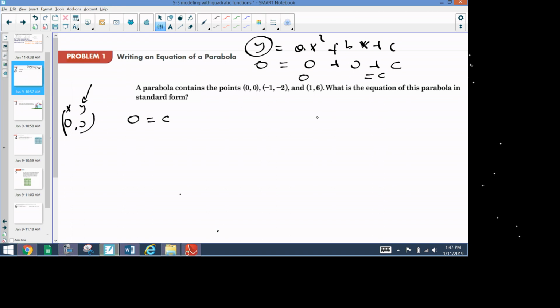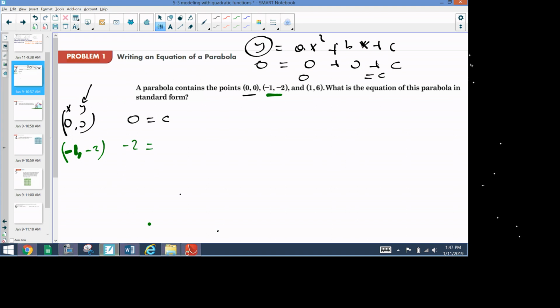And then the second equation. I'm done with the first point. Now I'm going to focus on the second point: -1, -2. Same formula. Now y is equal to -2 here. -2 equals ax squared.